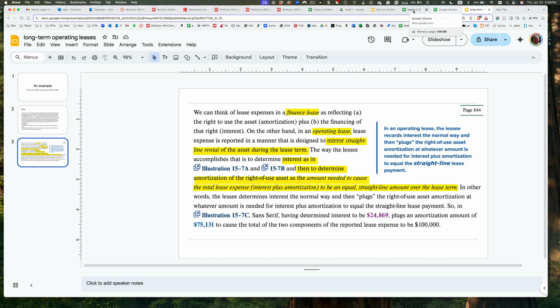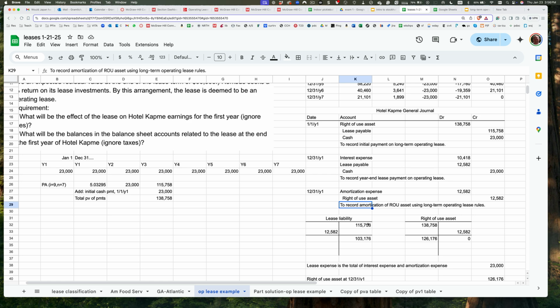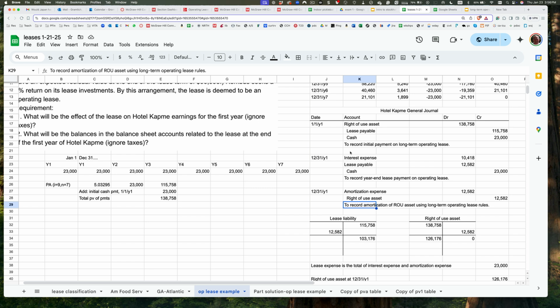And so when we go over here, we put this into the T account, and I've done it here already. We have the original lease payable, 115,000 credit, and that goes here. We're going to debit the 12,582, and so our lease liability is 103,176.